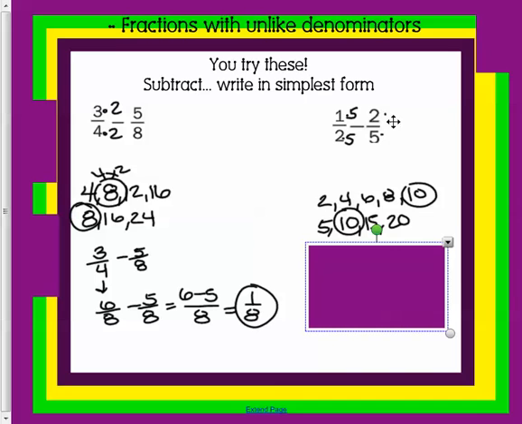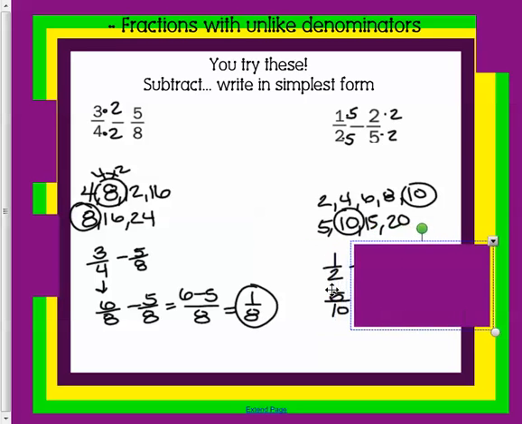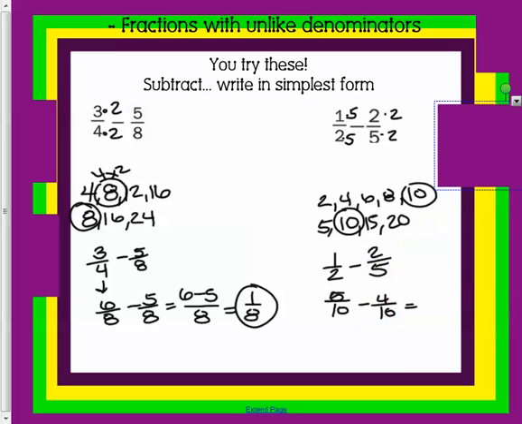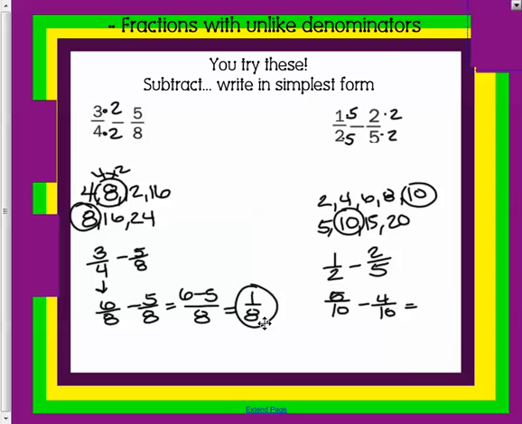And I'm going to be multiplying 2/5 by 2 over 2 because we want the common denominators to be 10. 2 times 5 is 10. 5 times 1 is 5, so 5/10. 5 times 2 is 10. 2 times 2 is 4, so 4/10. Now I can just subtract 5 minus 4, and I get 1, and their common denominator is 10, so 1/10.